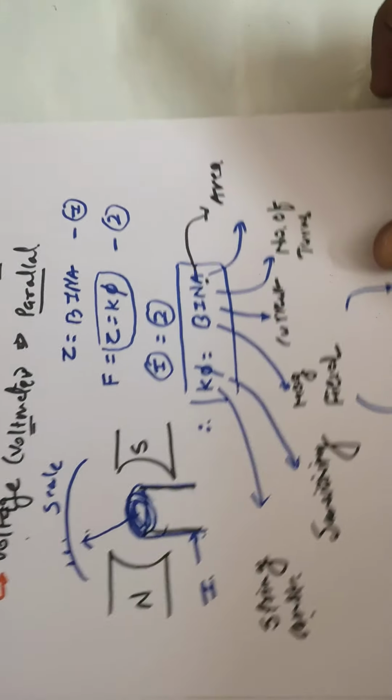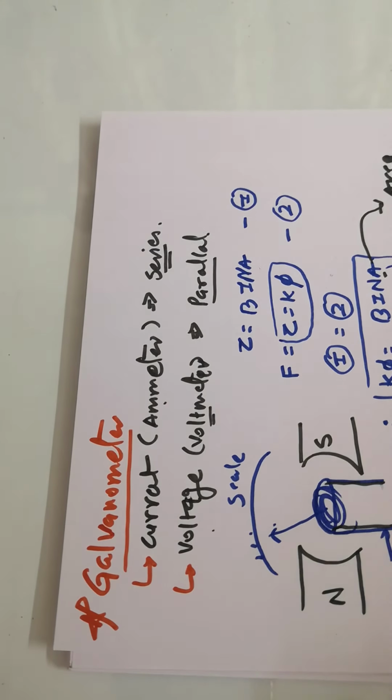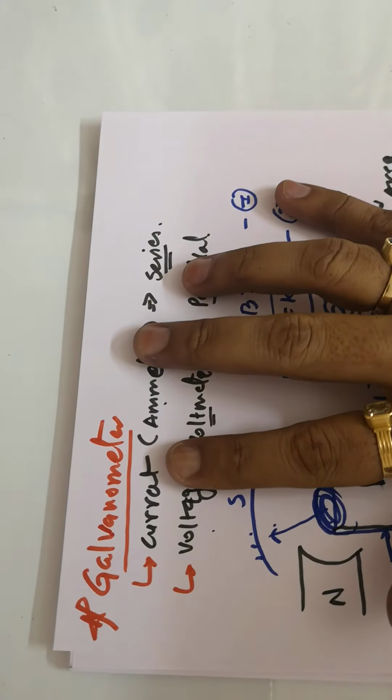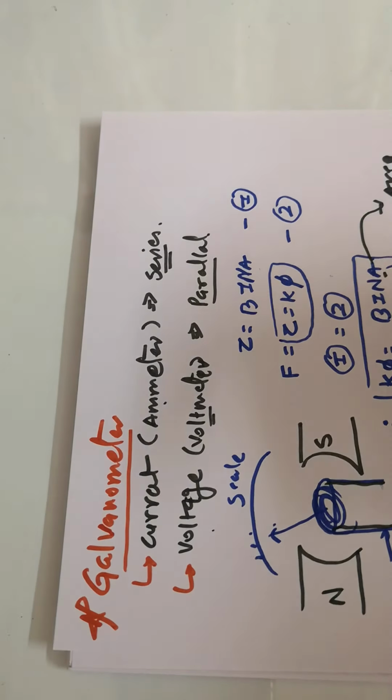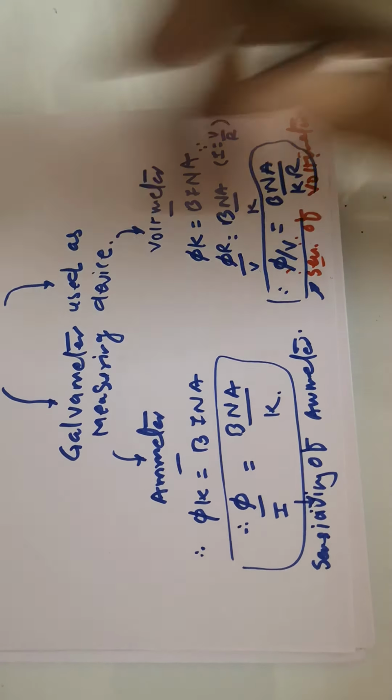So the very first thing clear to you is that whenever a galvanometer is used as a current meter or voltmeter, you cannot use it directly. You have to take some precautions in how it is connected. First of all, we have just seen how it is connected, series and parallel, and what those formulas are. First of all, we have to calibrate.